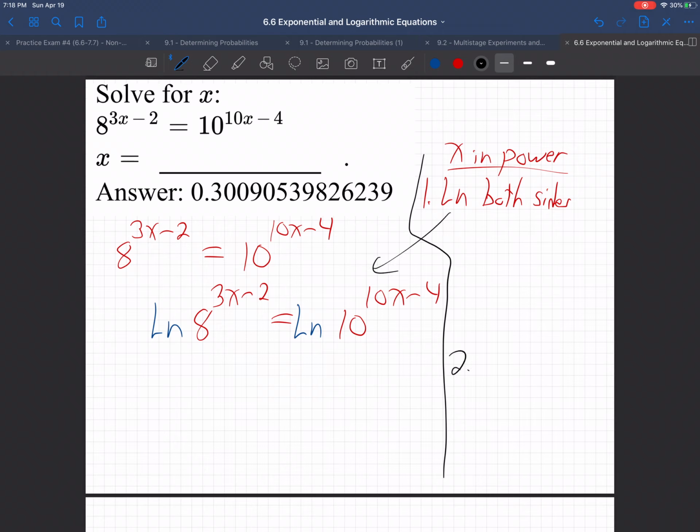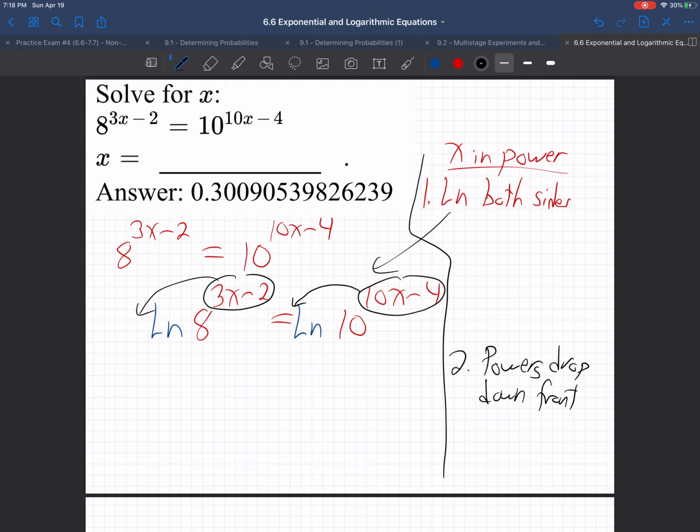And now step 2, powers drop down to the front. So this power here is going to drop down to the front, and this power here is going to drop down to the front of the natural log.